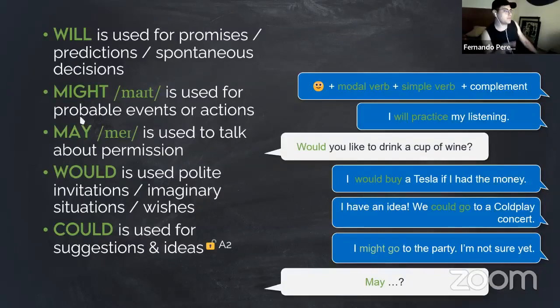Who knows what is the most popular famous expression in English? Anyone?